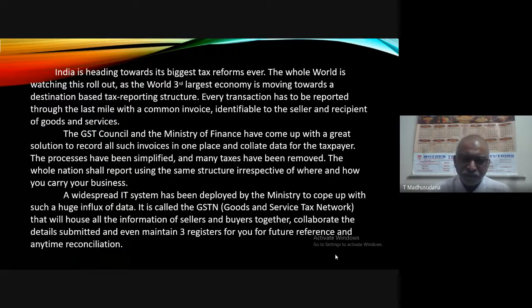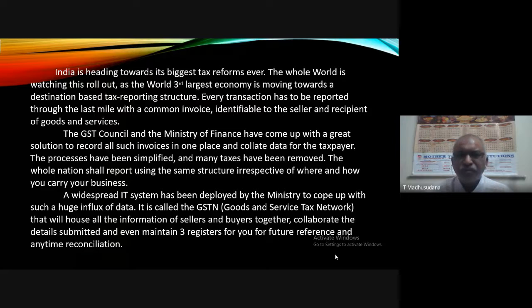It is called the GSTN, that is, the Goods and Services Tax Network, that will house all the information of sellers and buyers together, collate the details submitted, and even maintain three registers for you for future reference and anytime reconciliation.